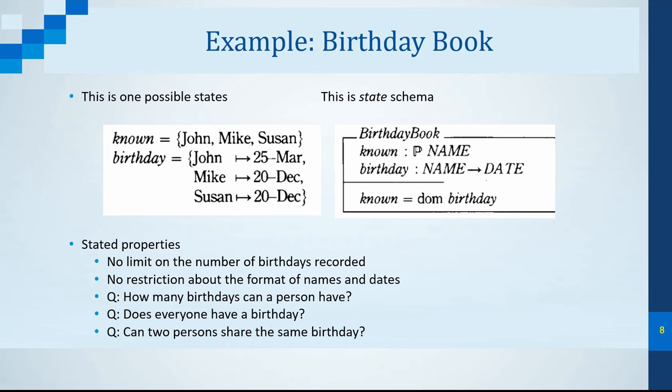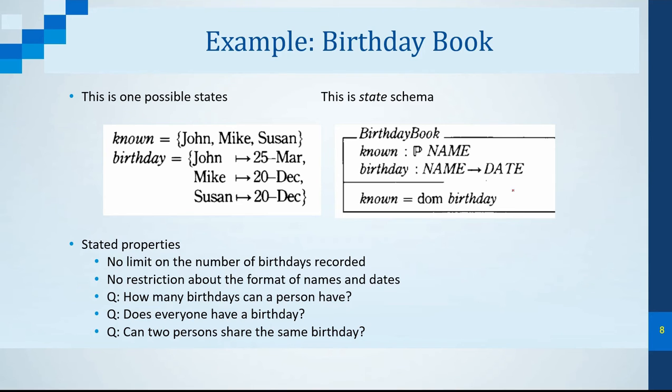Just a bit more about this one. Sometimes we add a restriction, for example if we want to limit the number of records, because here it is open and you can save as much as you want.